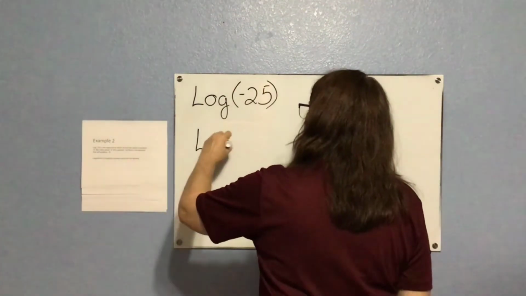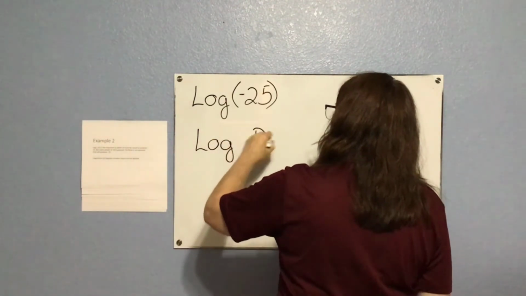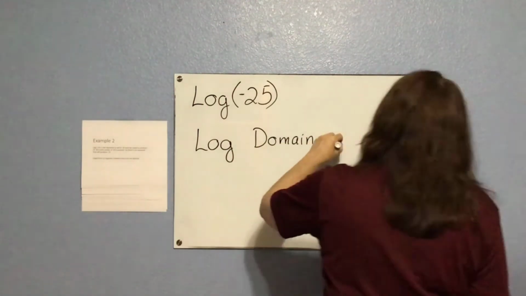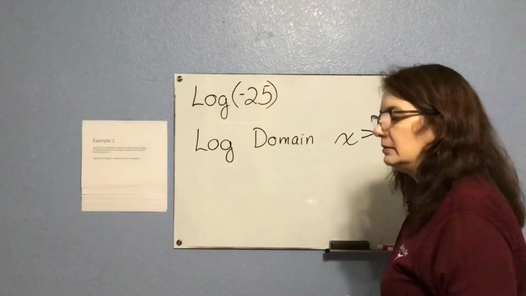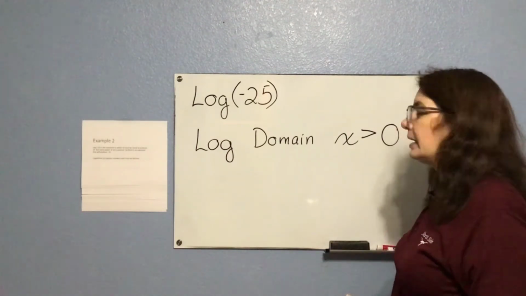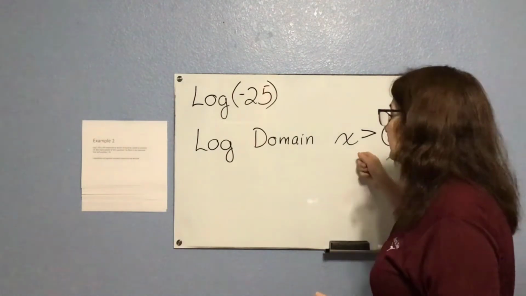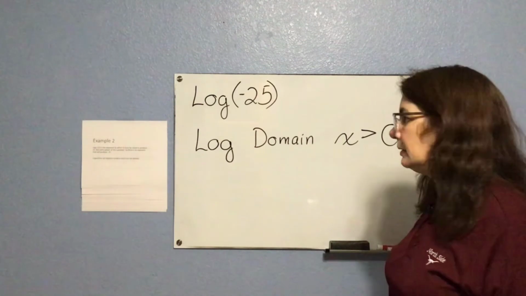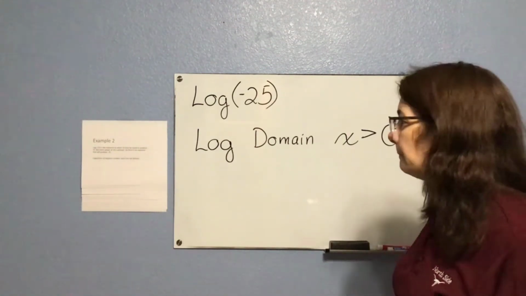Another way to say that, the logarithm domain is x greater than 0. Okay, x cannot be 0, because there's no way I could raise 10 to a power that will give me 0. Nor is there any way to raise 10 to a power that will give me a negative number. So the domain of the logarithmic function is x greater than 0.